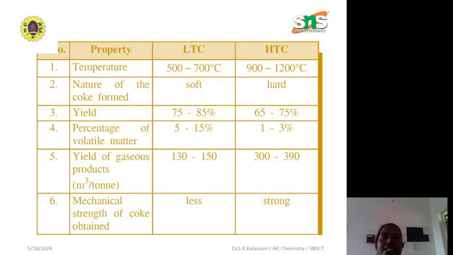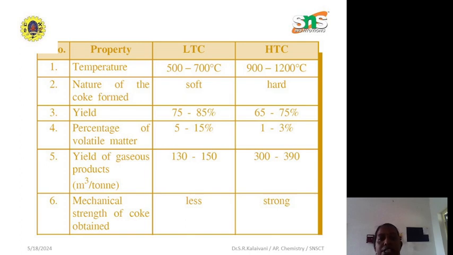Yield: in LTC 75 to 85% coke is formed, but in HTC 65 to 75% of the coke is formed. Percentage of volatile matter is 5 to 15% in LTC, but in HTC 1 to 3% of the volatile matter is formed.